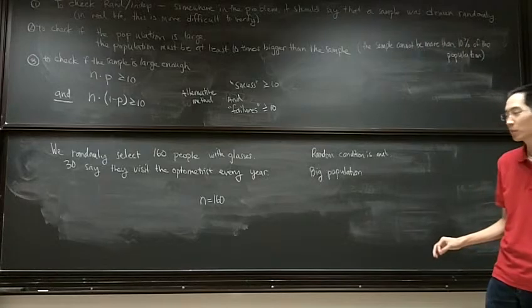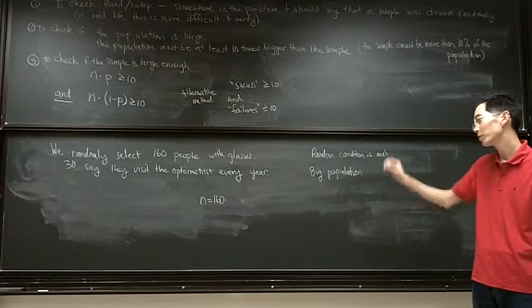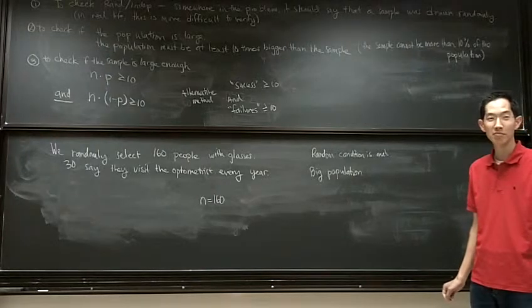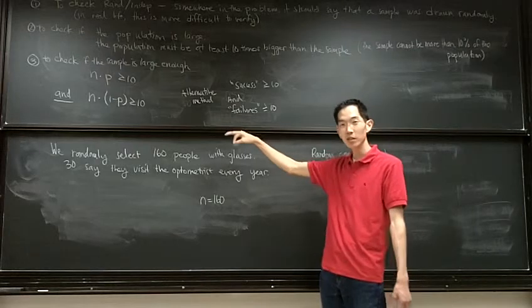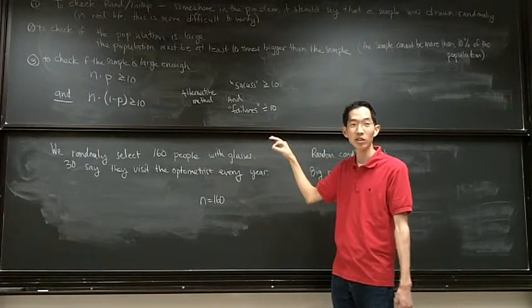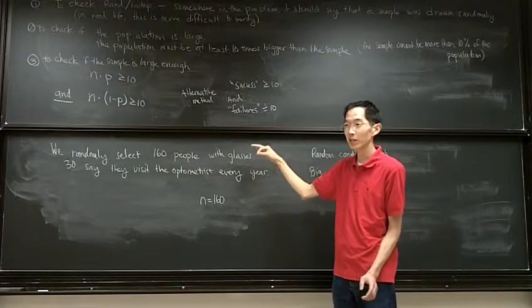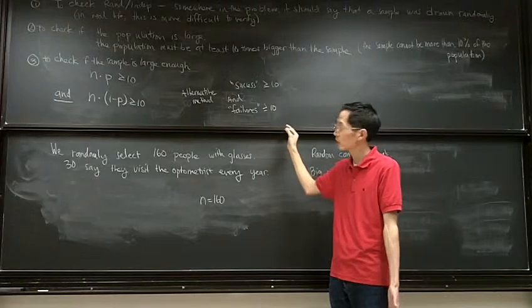The population would be all people ever, or all people who wear glasses, okay? Because we're selecting 160 people with glasses, so the population represents everyone we could possibly want to study. And if we're selecting people with glasses, then that would be everybody who wears glasses. Is that okay?